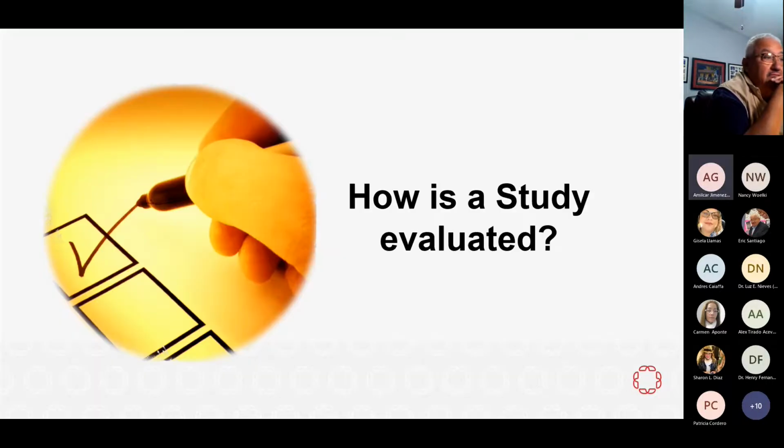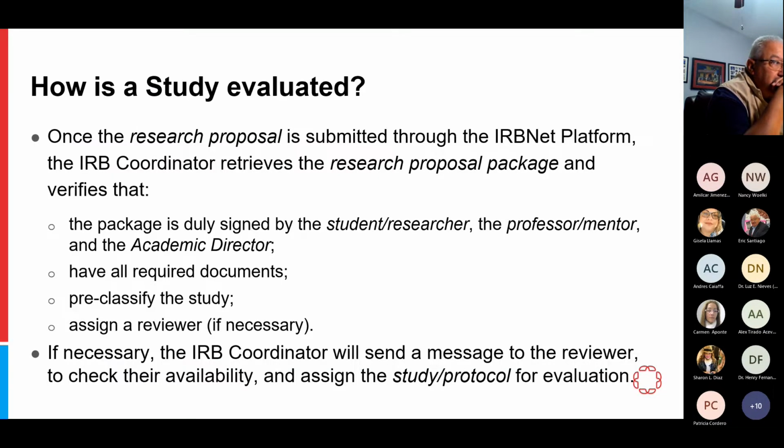Now, how a study is evaluated. Once the research proposal is submitted through the IRB platform, which is going to be Series 4 coming, the IRB coordinator, meaning moi, retrieves that research proposal packet, and I will be verifying if the packet is duly signed by the student, the professor, and the academic director.